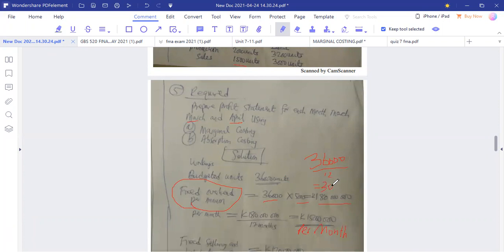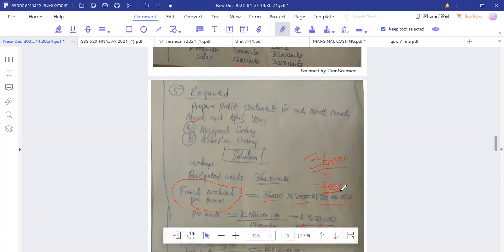So this was the budgeted. Meaning our budgeted units were 36,000 units, so per month we are supposed to produce 3,000 units.